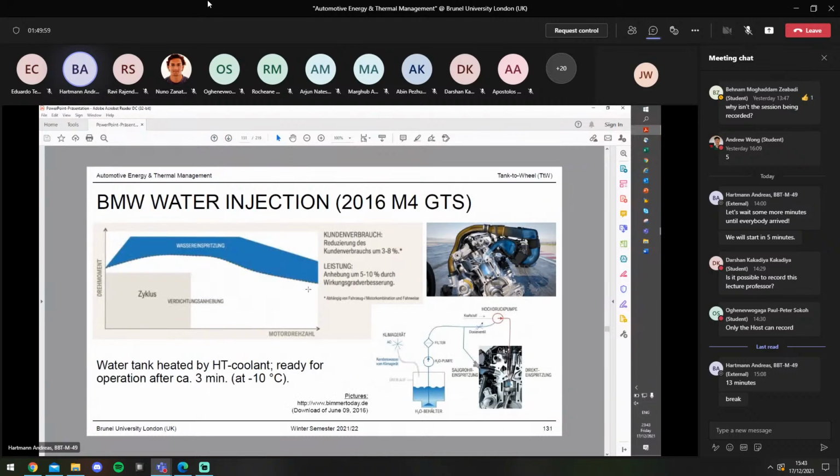But on the other hand, you need to add another system to the vehicle. You need to add a tank for the water. You need to have a water pump. You need to have a filter. You maybe also need to have a high pressure water pump to inject the water via special valves to the combustion chamber.